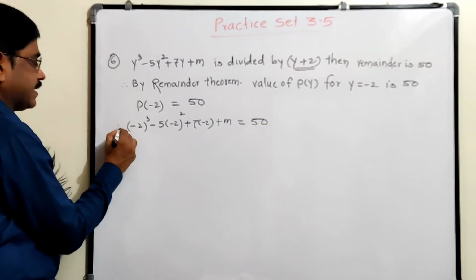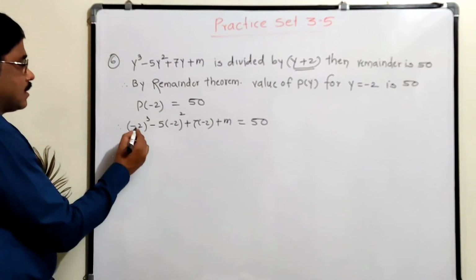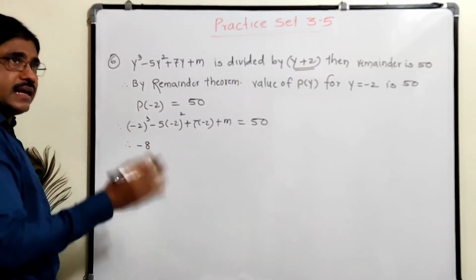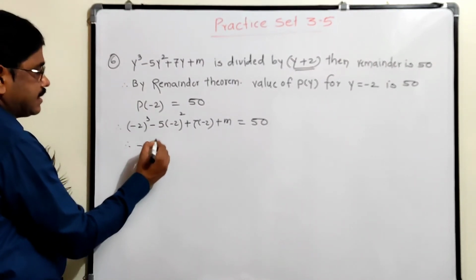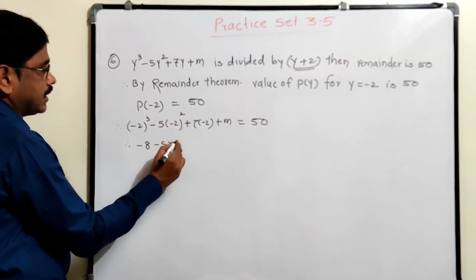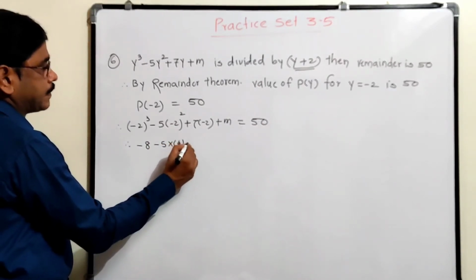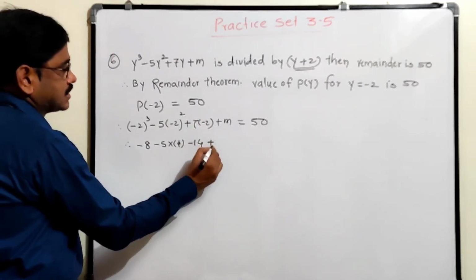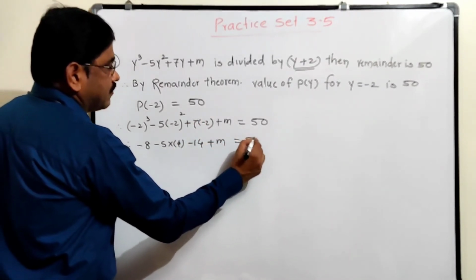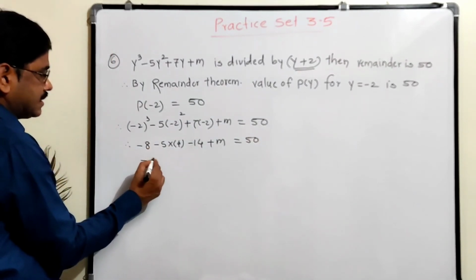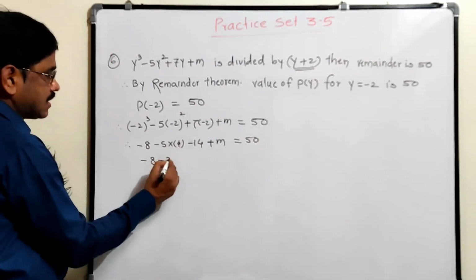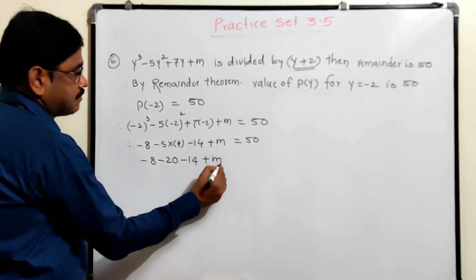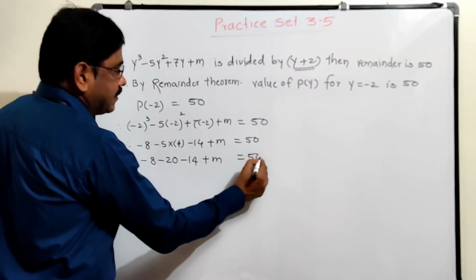This value is 50. So here minus 2 cube is minus 8, because the cube of a negative number is negative, and of a positive number is positive. Minus 5 into 4 is minus 20, and 7 into minus 2 is minus 14, plus m is equal to 50. Now simplify: minus 8, minus 5 fours are 20, minus 14 plus m is equal to 50.